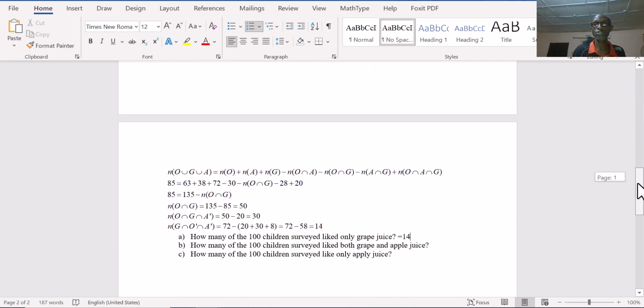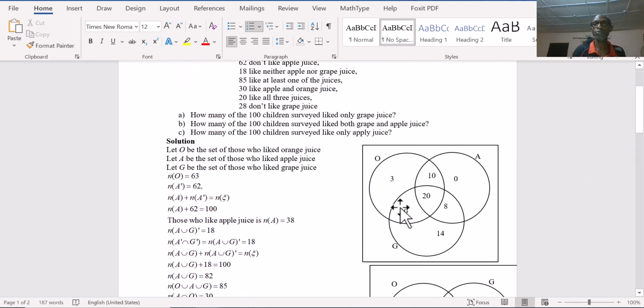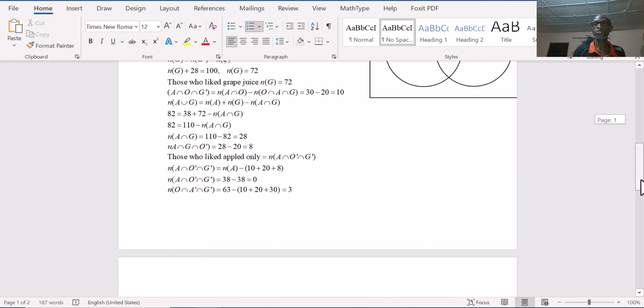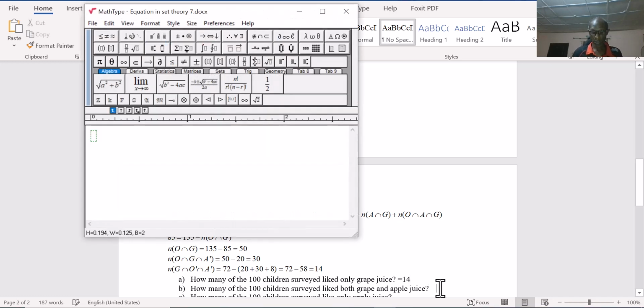Grape and apple is this circle. That is 20 plus 8, which is equal to 28.